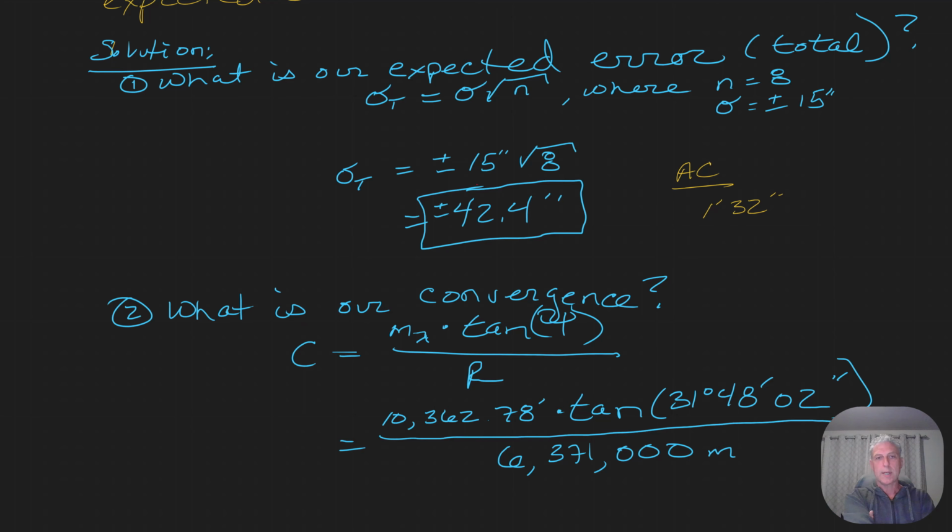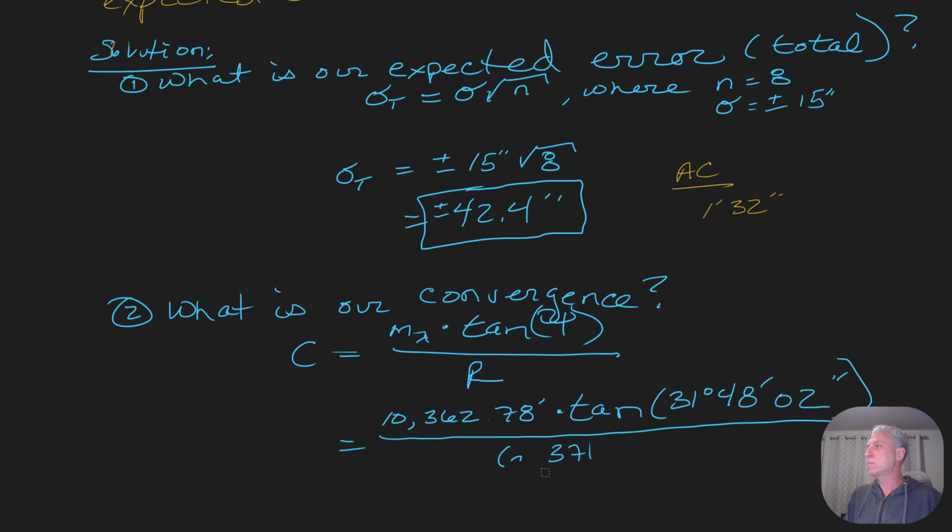So, who caught my mistake? If I were to go with this set of numbers for my calculations, I would be way off, wouldn't I? Because I have international feet on the top and meters on the bottom. So I need to convert either the international feet to meters or the meters to international feet.